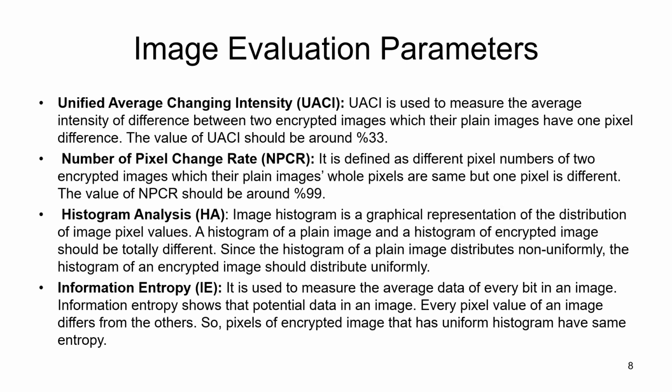The histogram of an encrypted image should distribute uniformly. Information entropy is used to measure the average data of every bit in an image. Information entropy shows the potential data in an image. Every pixel value of an image differs from the others. So pixels of an encrypted image that has a uniform histogram have the same entropy.